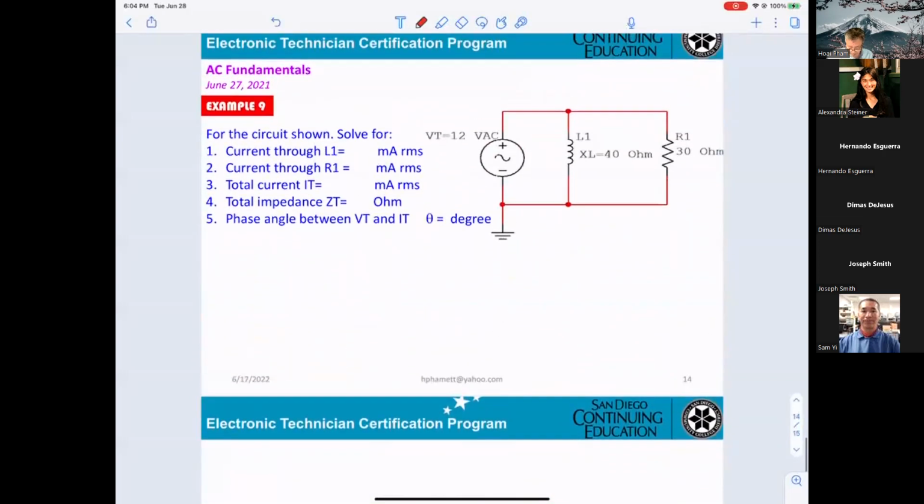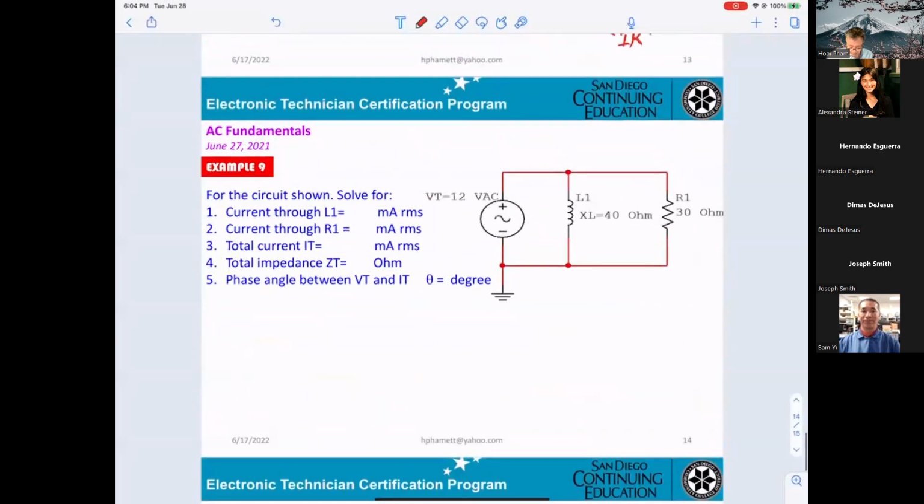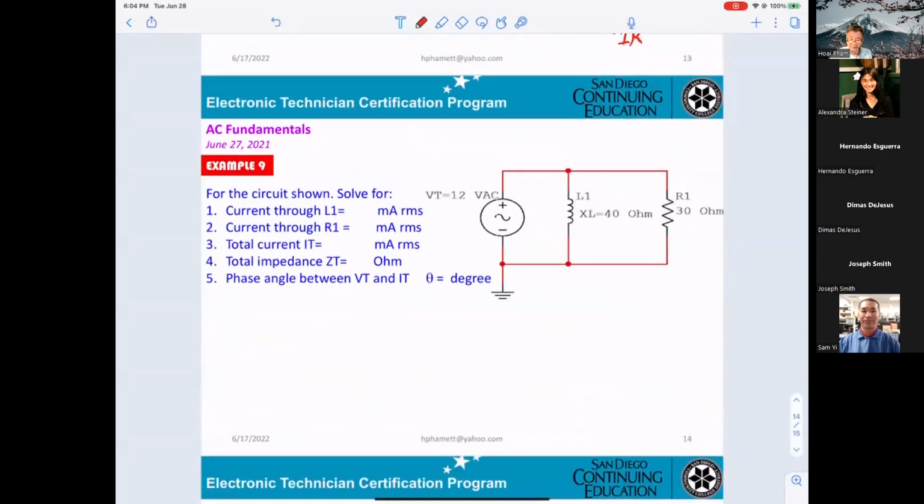Okay, one more for calculation, then we'll be done with RL theory, RL parallel. Just give me the value, okay? Number 1, IL.